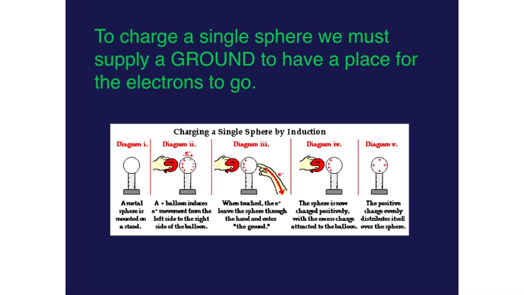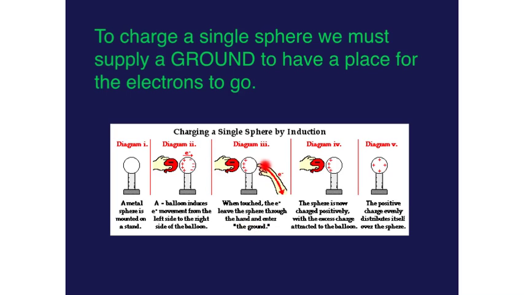Another thing to think about here is if we want to just charge a single sphere, we're going to have something called a ground. Because we're going to have to give some place for those electrons to go because we only have one sphere. So here we have one metal sphere sitting on top of some styrofoam or some kind of an insulator, and we're going to bring our negatively charged balloon near it, not touching it, but near it. That's going to cause the electrons to run as far as they can to the other side of this sphere, but they're still stuck in the sphere until we add a ground.